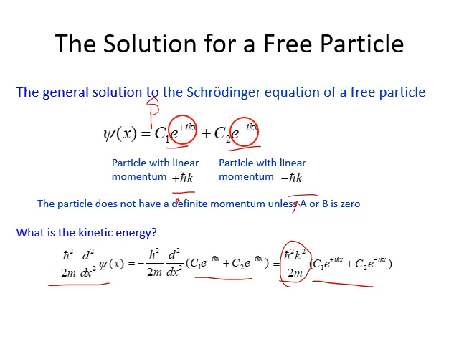In this equation, k has no restriction, which means it can be any value. So the kinetic energy of the free particle can be any value. Later, when we restrict this free particle to a certain location, that means a particle in a box, the energy becomes quantized, which means only certain energies are allowed.